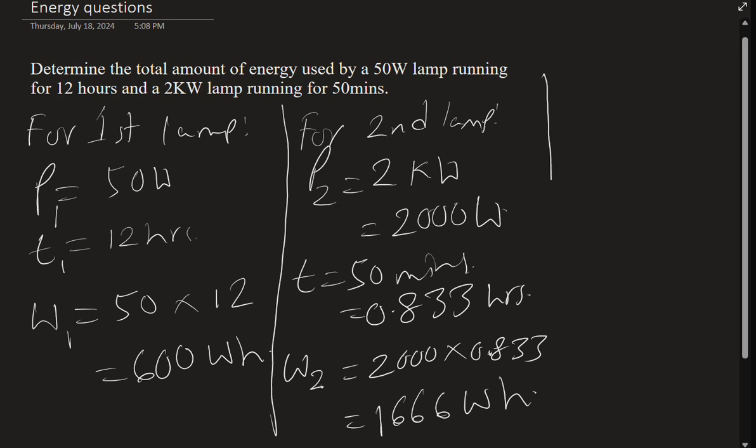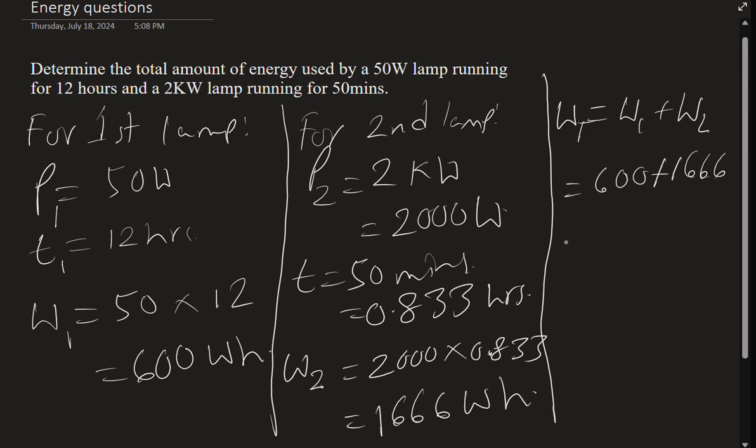Now we need the total energy consumed or the total work done. W total is equal to W1 plus W2, equal to 600 plus 1666, equal to 2266 watt hours.